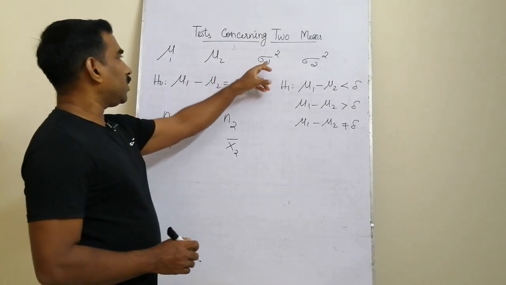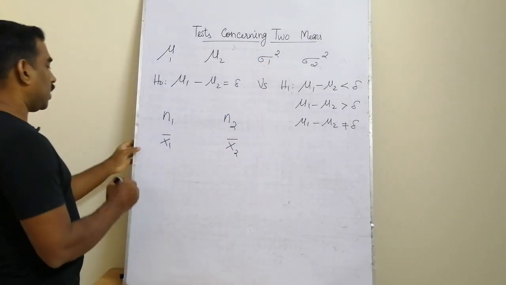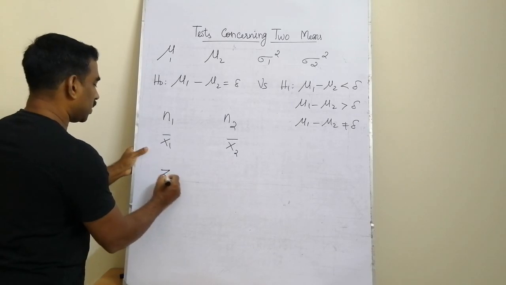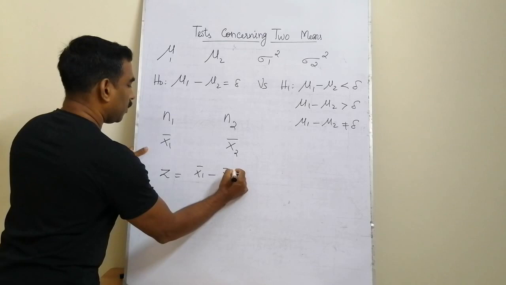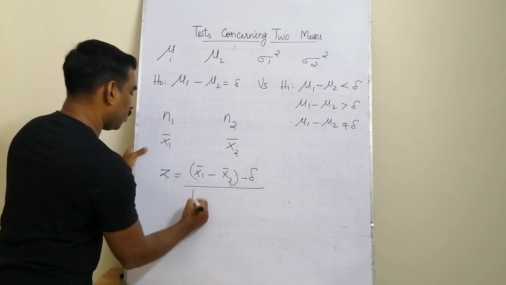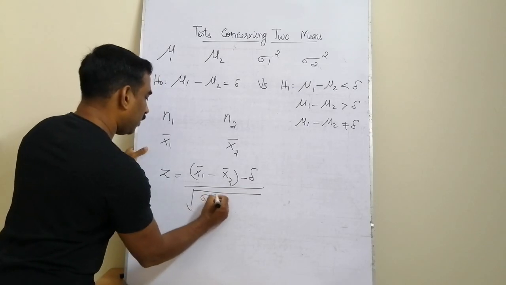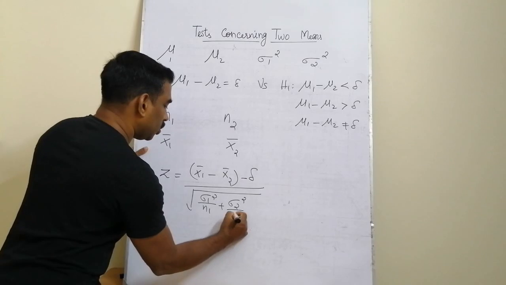Whenever the population variances sigma 1 square and sigma 2 square are known, we use the test statistic z is equal to x1 bar minus x2 bar minus delta, the whole divided by square root of sigma 1 square divided by n1 plus sigma 2 square divided by n2.